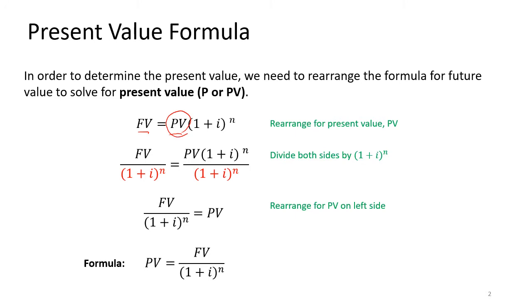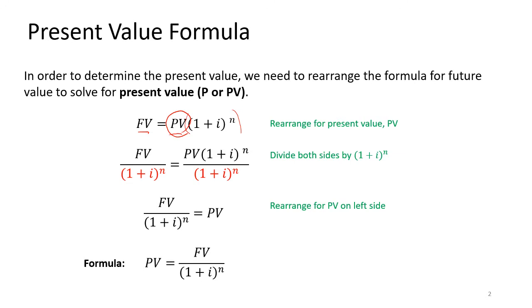Because that's the only term that we want to have left on the right side. So to do that, just like in any other term, okay, you have this entire term, 1 plus I to the exponent n. That's all one term, okay? There's multiple variables in it, but you can divide both sides by that whole term, all right? And it will still cancel, okay?